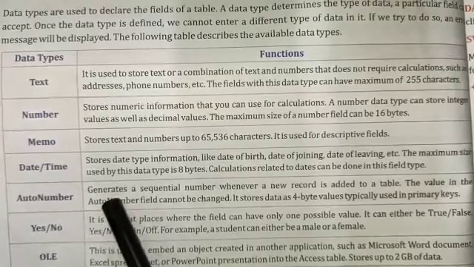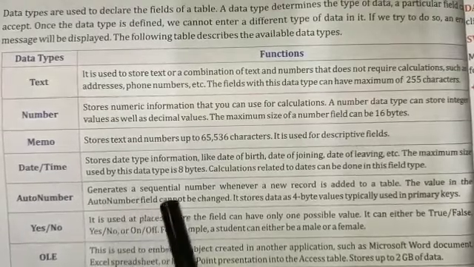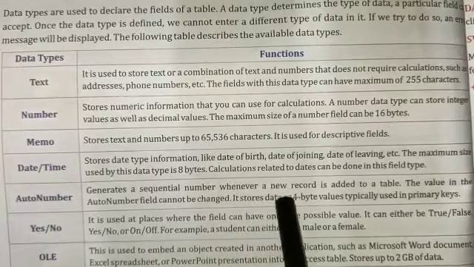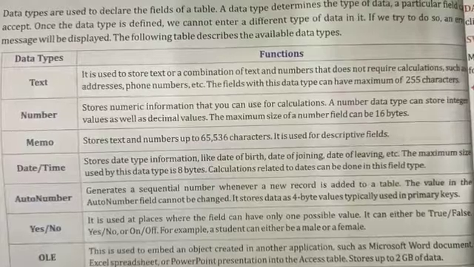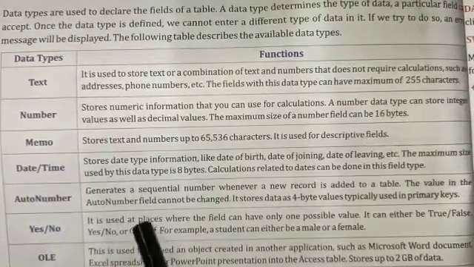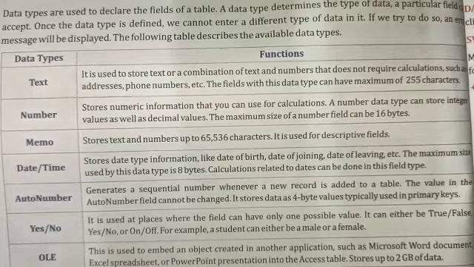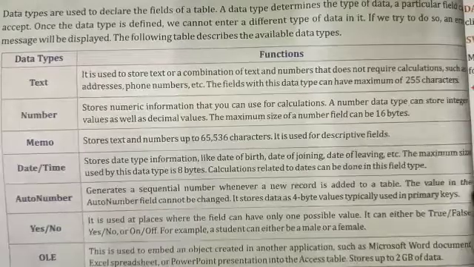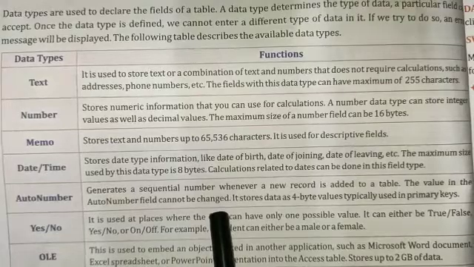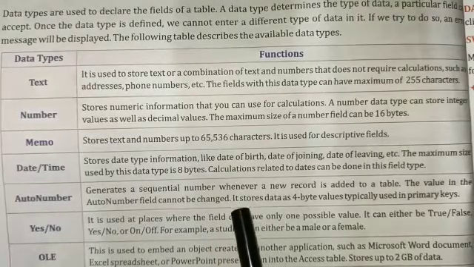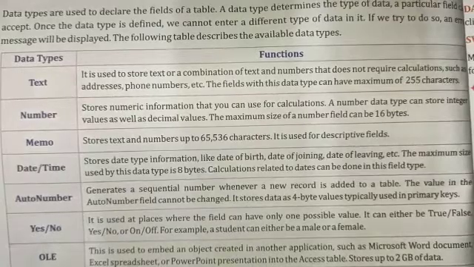Auto number generates a sequential number whenever a new record is added to a table. The value in an auto number field cannot be changed.